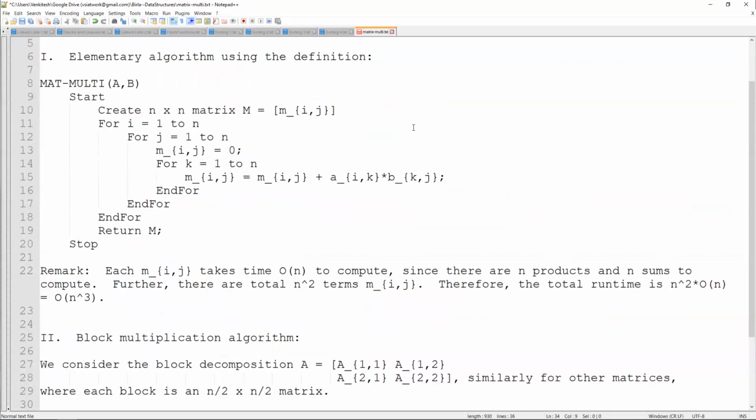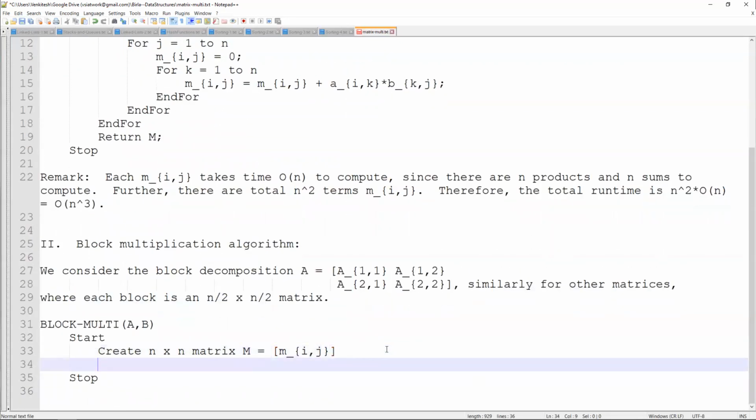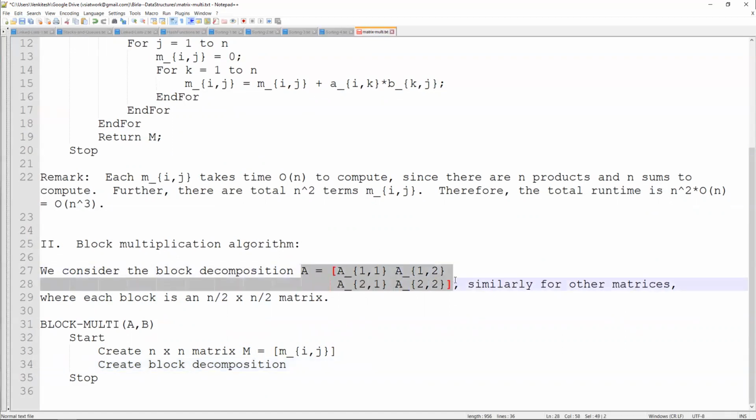But the second step, what we need to do is we also need to create this block partitioning. That is also very easy. Block partitioning is almost obvious, but we need to pass that as a command when we write down an algorithm. So create the block decomposition for all the matrices, for each of them. Okay. Block decomposition. So let's write it for A.